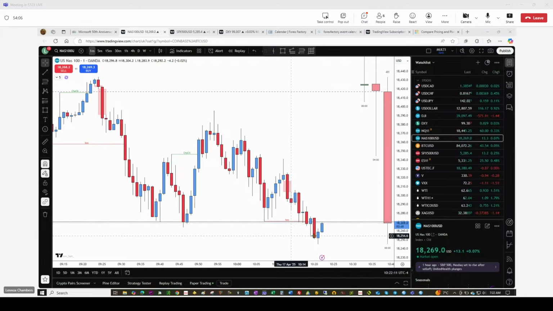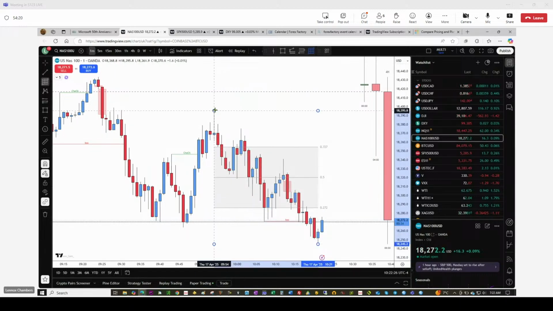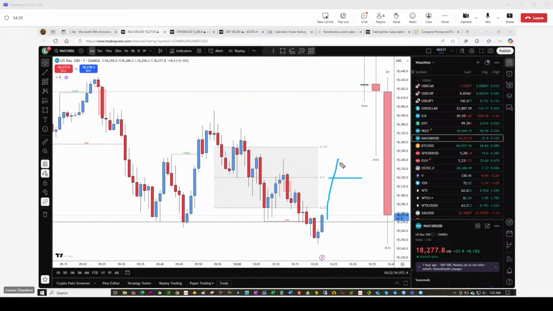So if you're nimble, you can play up and down, up and down, up and down, and I do that sometimes if there's room to go. So in this instance here, from the high to the low, let's see, from here to here, I'd be looking for at least a 50% retrace, which is right here. So you look for them to come back up in here, and then look for a 1, 2, 3 to come back down again.